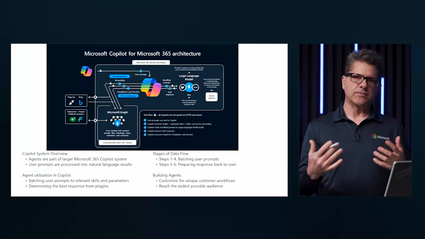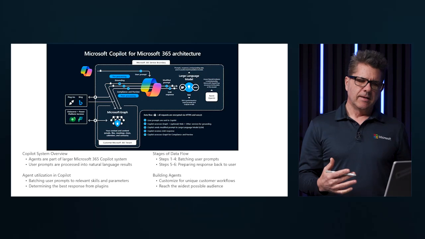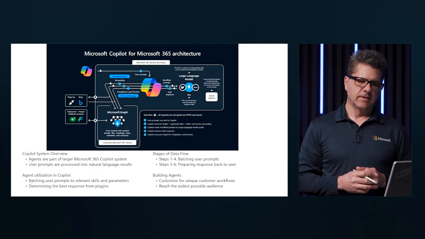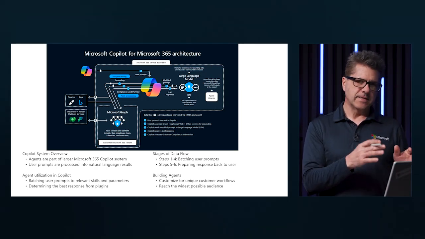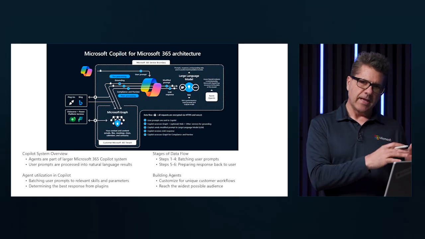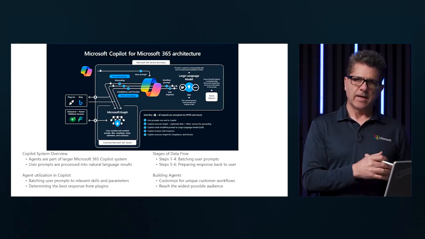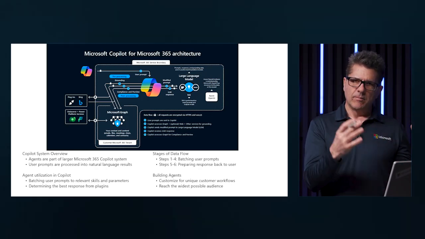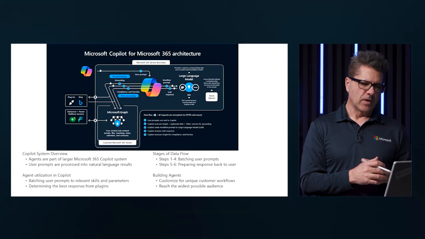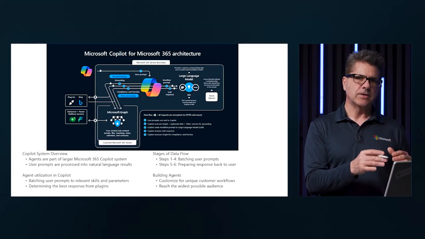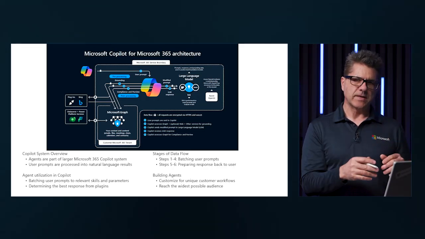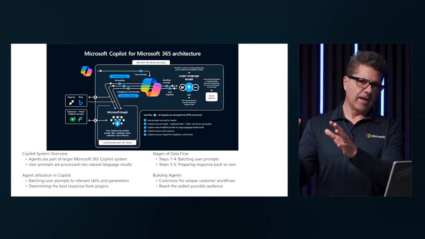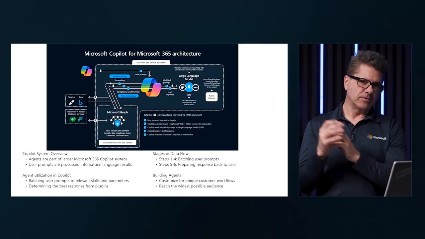When we look at the Microsoft 365 Copilot, let's look at this architecture. We see that the Copilot system, where the agents, the plugins, the connectors, these are part of the overall Microsoft 365. So the prompts that I'm going to execute are going to go through this process before the LLM or the large language model takes it.